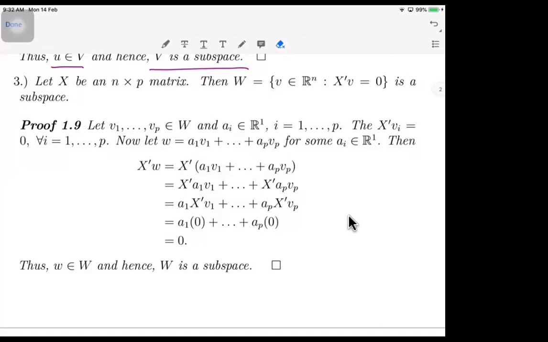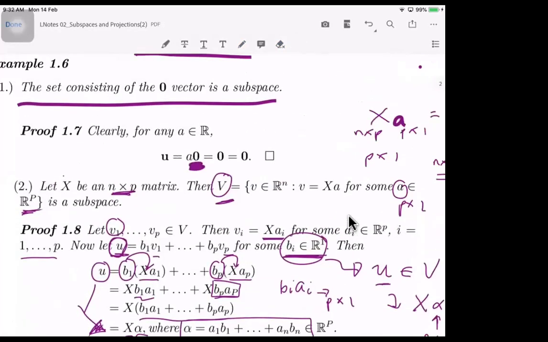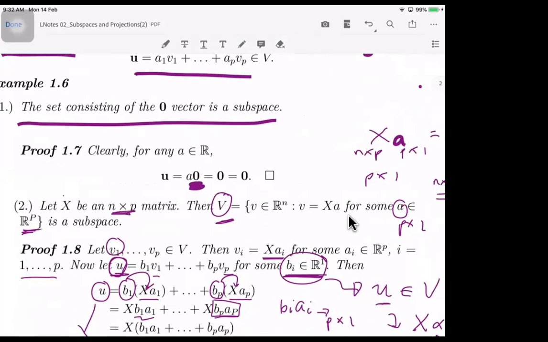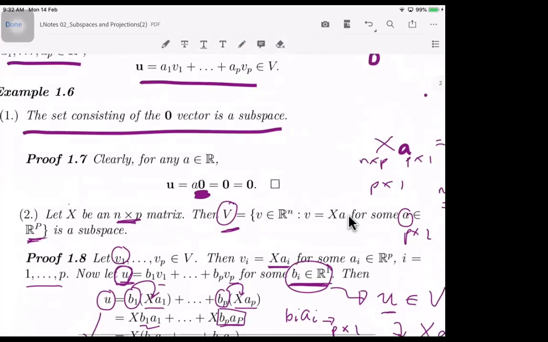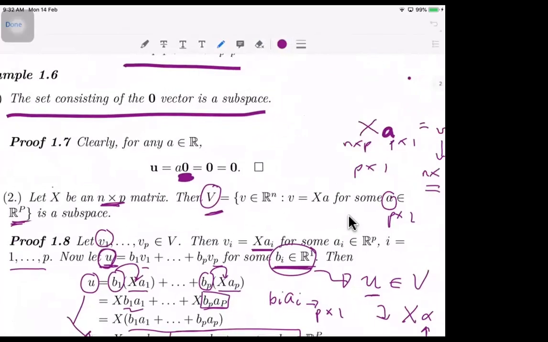Okay, next. First we have shown that any set V which contains the zero matrix, let's denote it by 0 tilde, which is the set containing the 0 vector, is a subspace, because you can always get any scalar A multiplied by the vector 0, and it is also equal to 0.